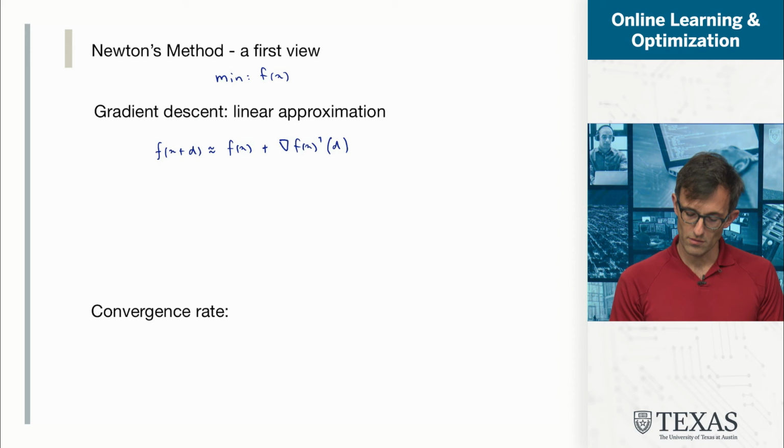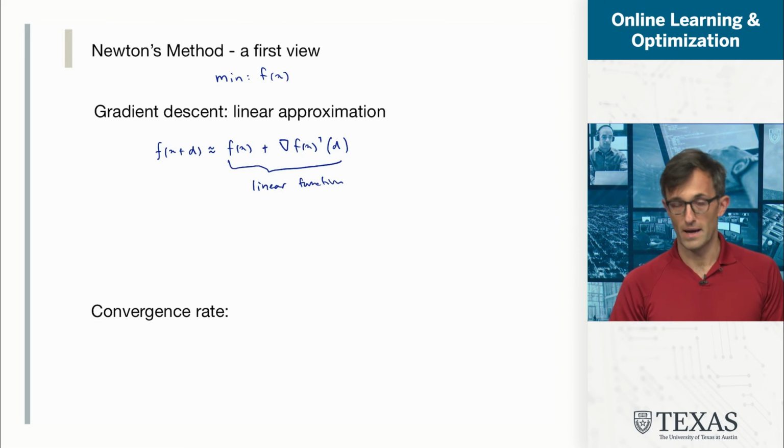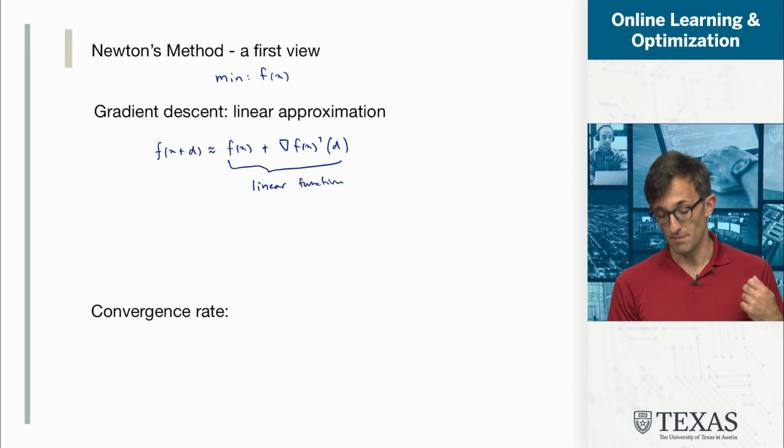This is a linear function, and linear functions we know how to minimize. So gradient descent chooses a direction d which minimizes this linear function.